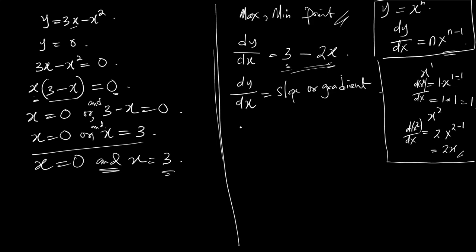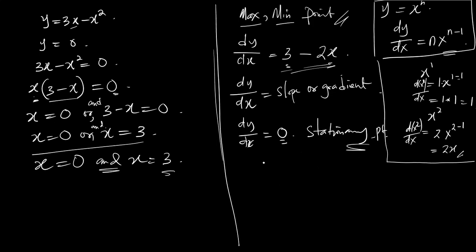So at what point is the gradient equal to 0? The gradient is equal to 0 at the maximum or the minimum point, or at the stationary point.